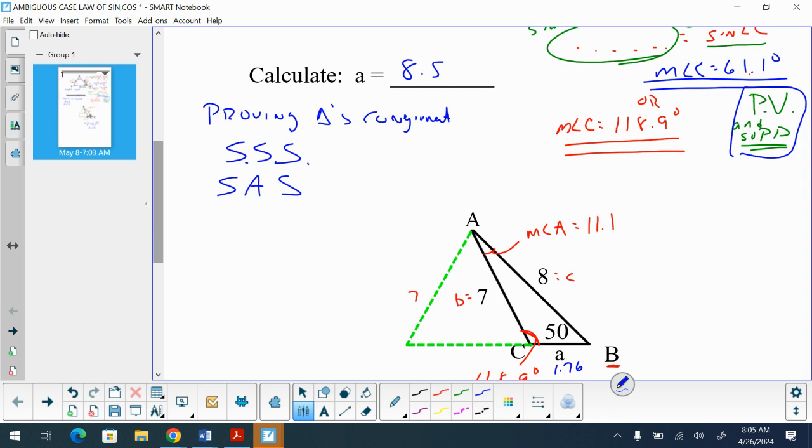You had the angle-side-angle postulate that said if 2 angles and the included side of one triangle were congruent to 2 angles and the included side of a second triangle, then the 2 triangles were congruent.